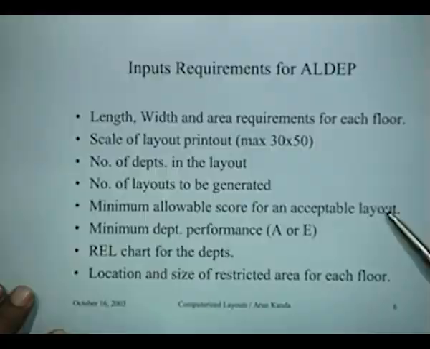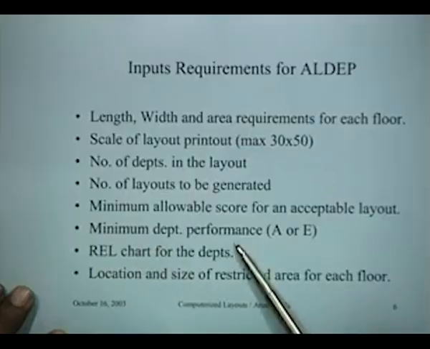And maybe on the second run you generate 20 layouts and the highest score is maybe 250. And the third time you specify the minimum allowable score as 250, and suppose you don't get any layout, that means the best layout is the one with a score of 250 that you had generated earlier. So that can be the typical stopping criterion for LDAP.